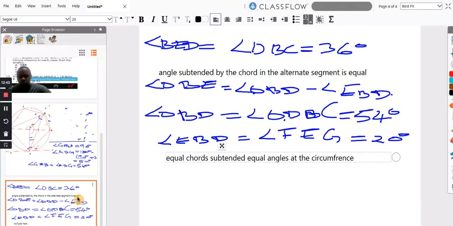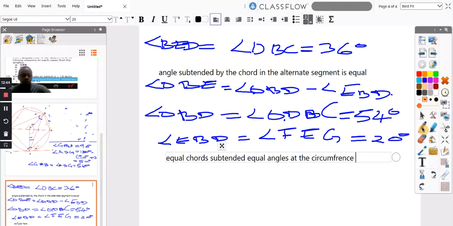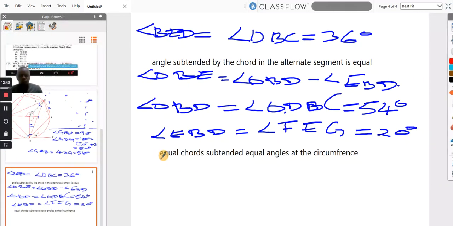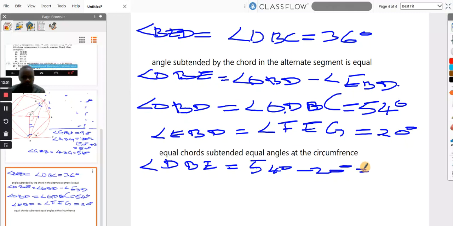You can give that one as a reason. So meaning that our angle now will be equal to 54 degrees minus 20 degrees. So that is 34 degrees. You get it as 34 degrees.